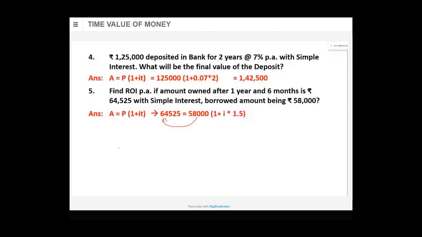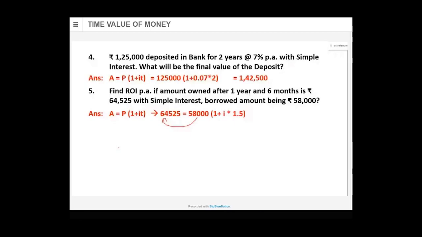58,000 there, it is multiply. When you take it to the other side, side change, it will become divide. So 64,525 divided by 58,000. Interest amount can also be found by subtracting. You can solve it by that method also. That is another method. I am solving it by this one.